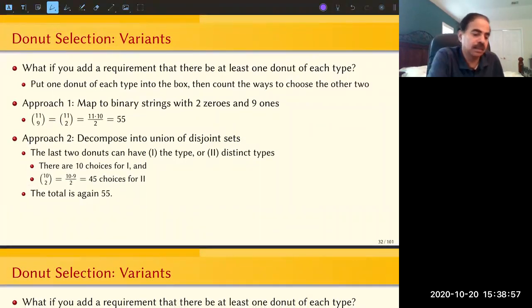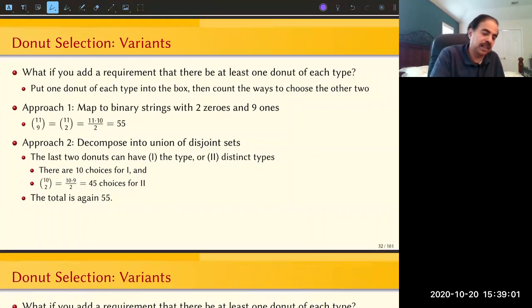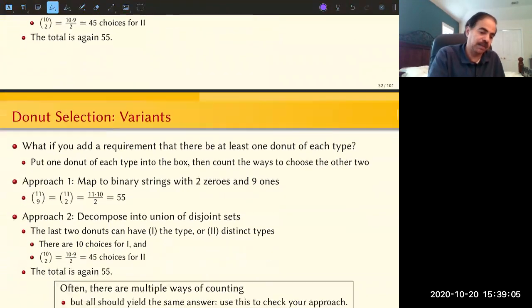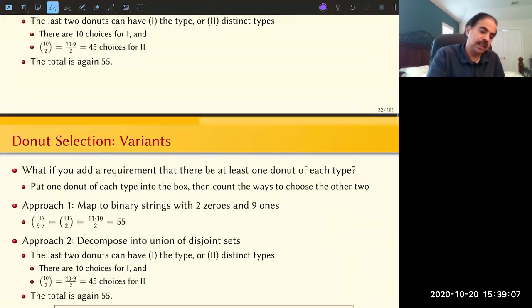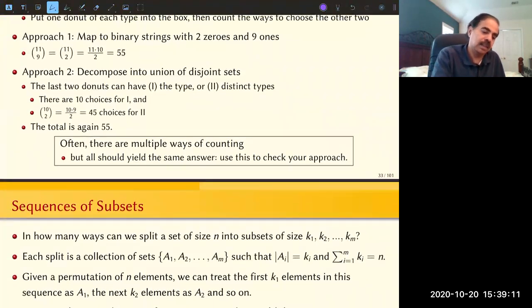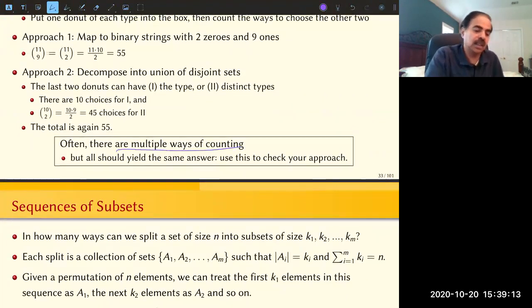Right, so that's what is summarized here. There are two ways of counting, and then once again, the number is 55. Okay, right, and there are multiple ways of counting, and you want to check, right?